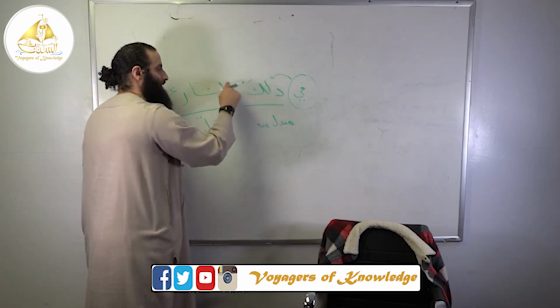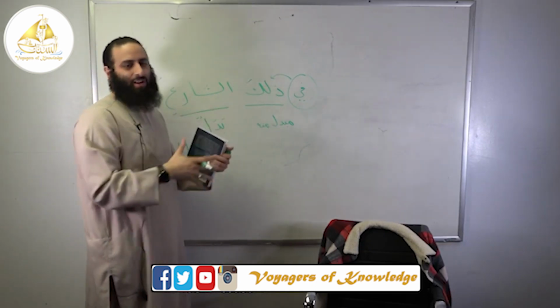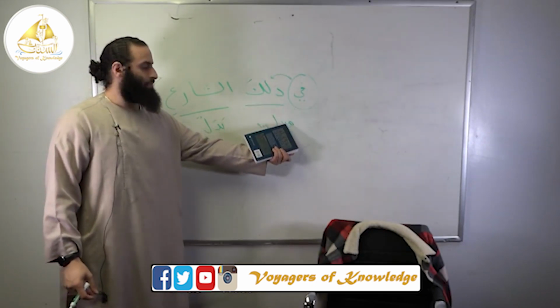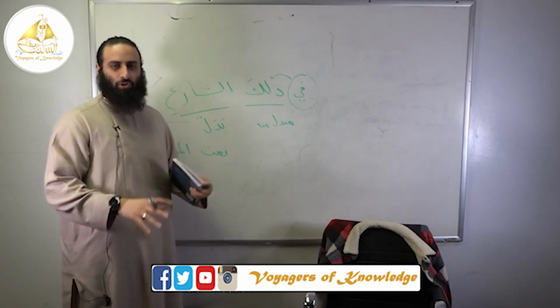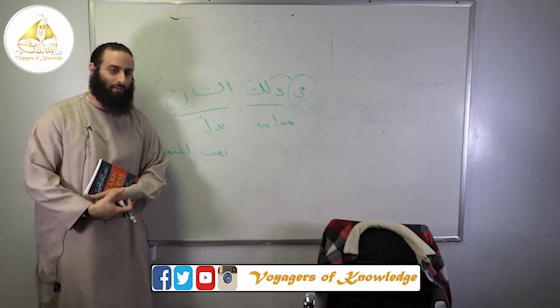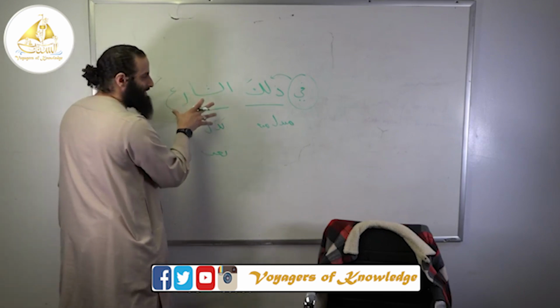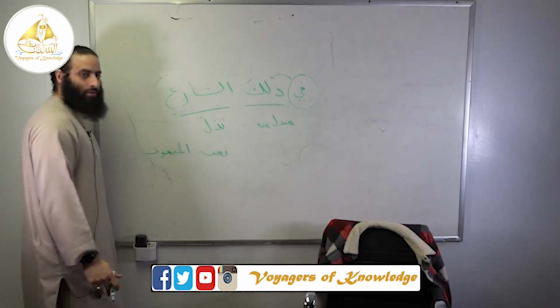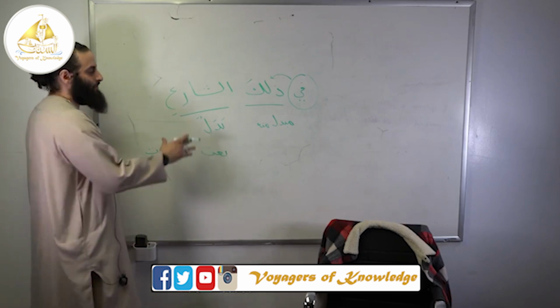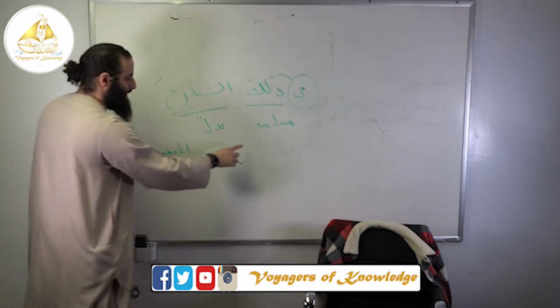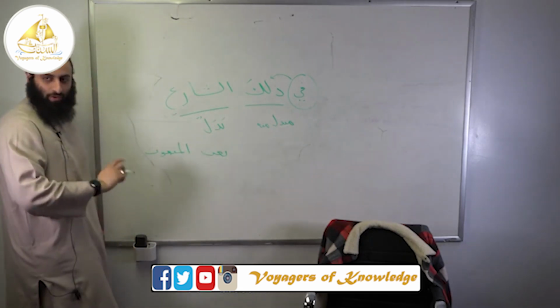Ala al-fatha, it's stuck on the fatha. But its position is majroor. It's really majroor, but we can't show it because it's mabni. But since this is the badal of that word, it's going to take on the same haraka as that word, just like na'at and man'ut do to each other.